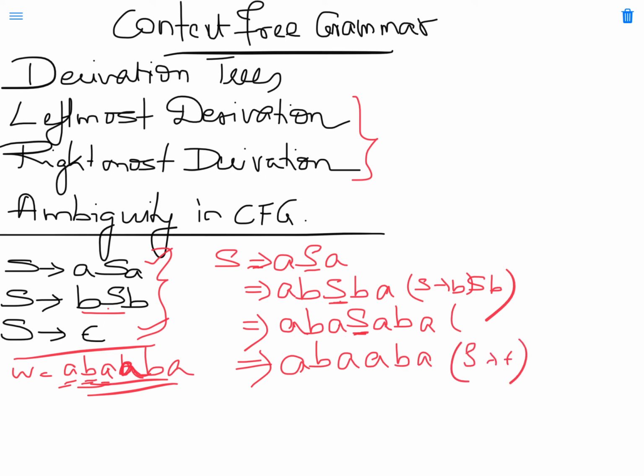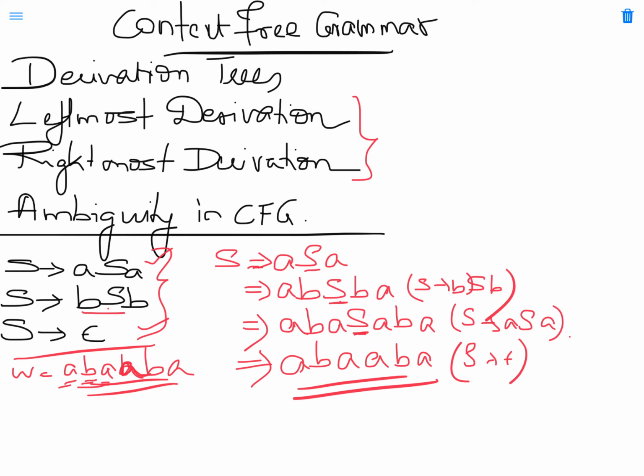In this step you have applied S gives ASA. So this much you were aware of in the previous class itself. Substituting the right-hand side, you get the required string. Now what you are going to learn new from here is how to generate a tree from the derivation.